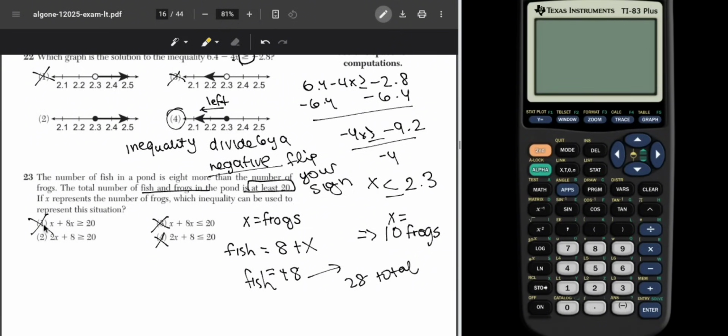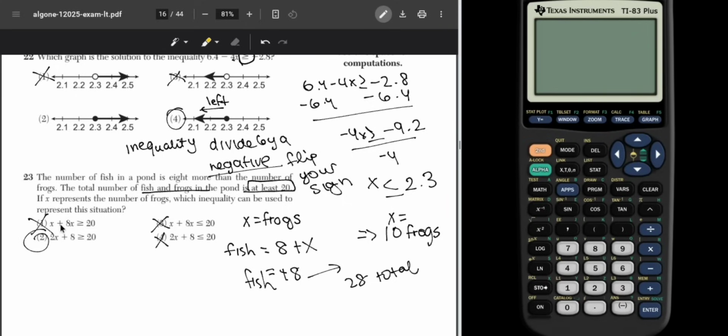I have my number of frogs, 8, and then 2 times the number of frogs for my fish. If I'm given 10 frogs and I do 2 times 10, I'm getting 20, and 20 plus 8 is 28, which is the total number of animals I would have. So I know it's going to be answer choice number 2.